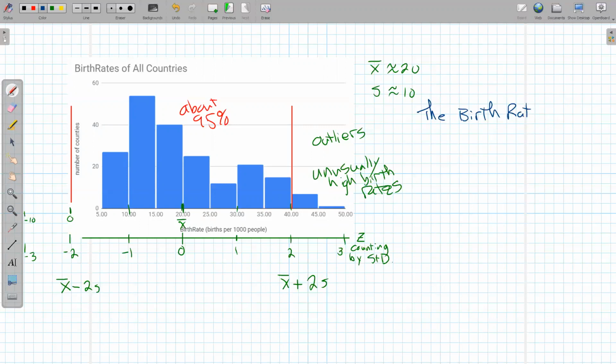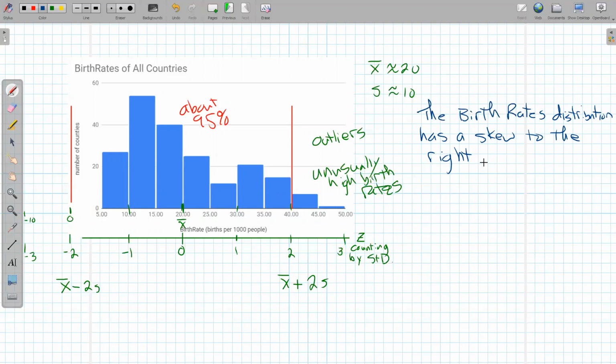All right, so let's see, what can we say about this based on the summary statistics and the histogram? The birth rates distribution has a skew to the right. And we can see that in the graph.